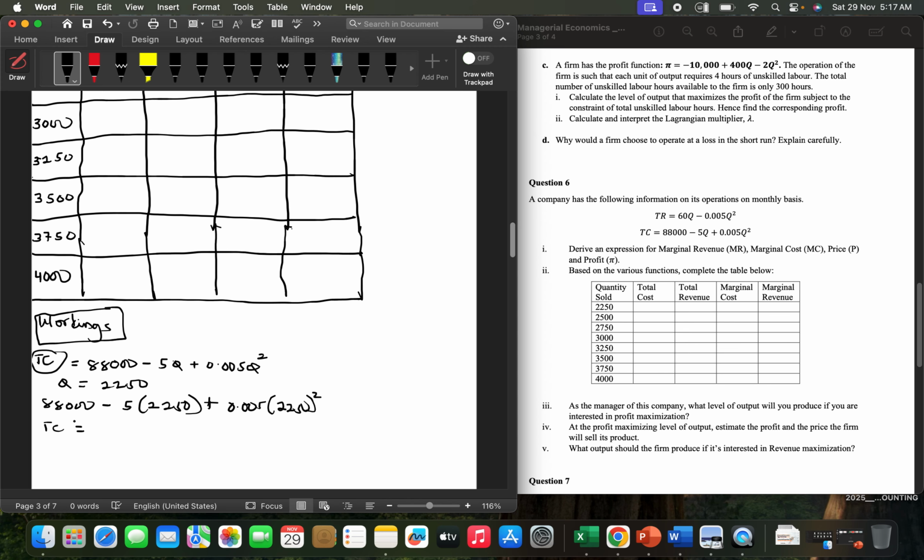So for the first total cost, at an output of 2250, total cost is 88,000 minus 5 times 2250 plus 0.005 times 2250 squared.